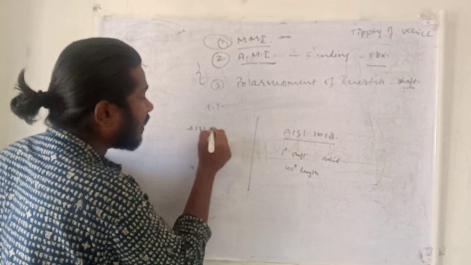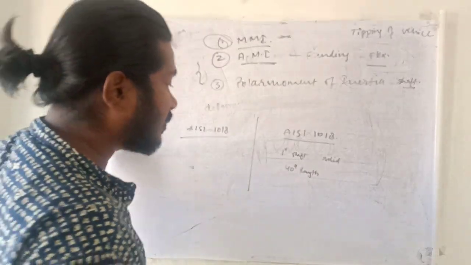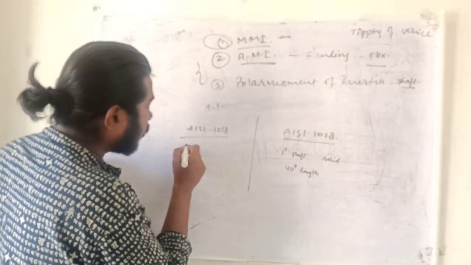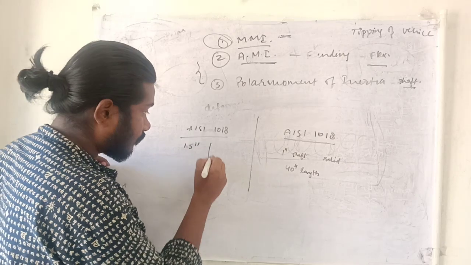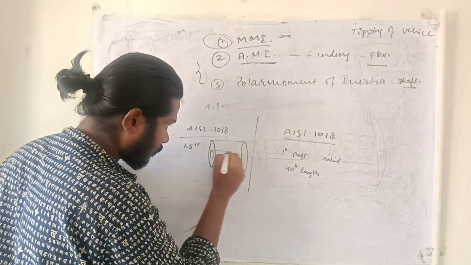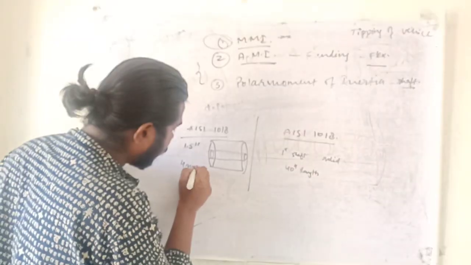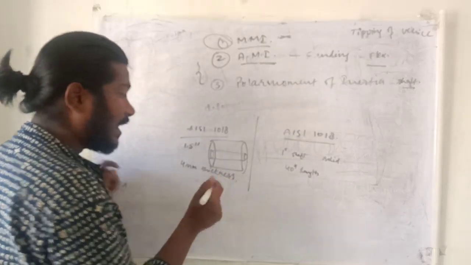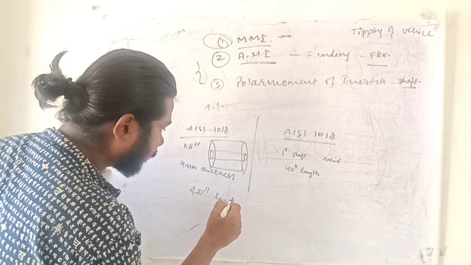Now again, AISI 1018, it's not recommended for a shaft. Take it as 1.5 inches with 4 mm thickness. I haven't calculated these things. You can take any examples, and 40 inches of length.